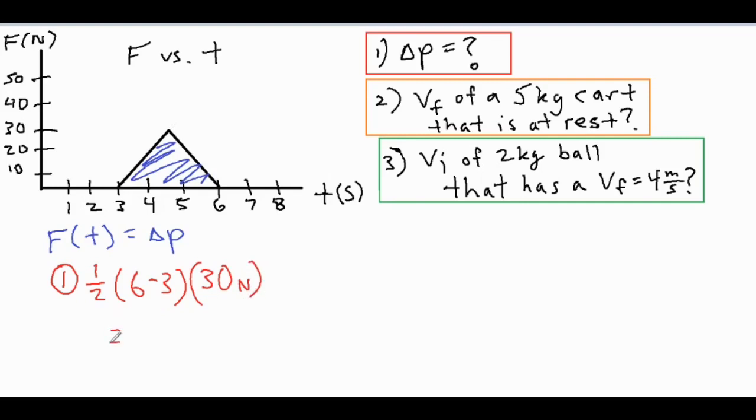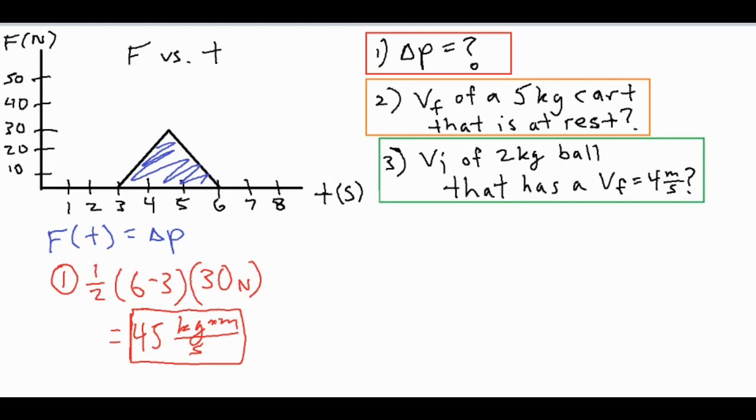That's going to equal 45 kilogram meters per second for our first solution. As I said, depending on the type of curve or shape on your graph, you're going to find the areas of some rectangles or triangles.